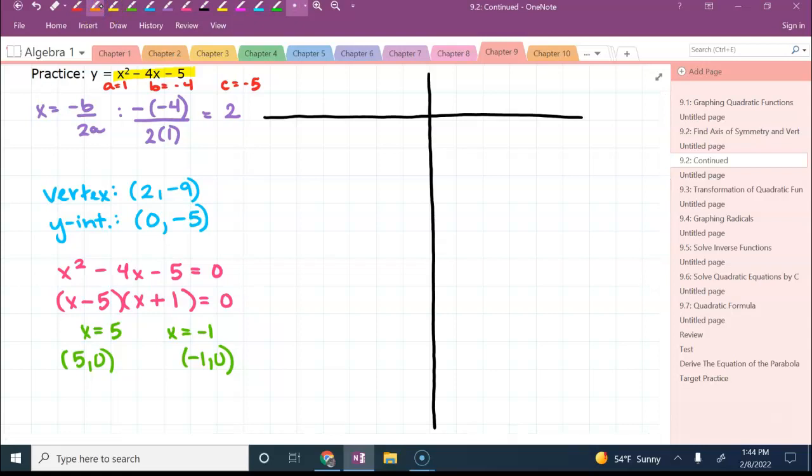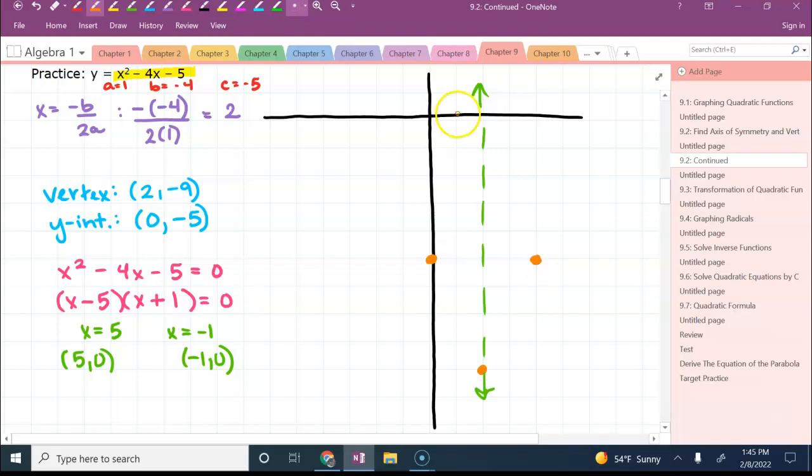So my vertex is at 2, negative 9. The y-intercept is at 0, negative 5. Which again, your axis of symmetry is coming right here through that vertex. So I can reflect that y-intercept point over that green line. And then my other solutions here are those zeros that I found.